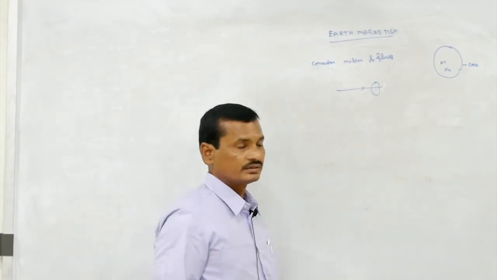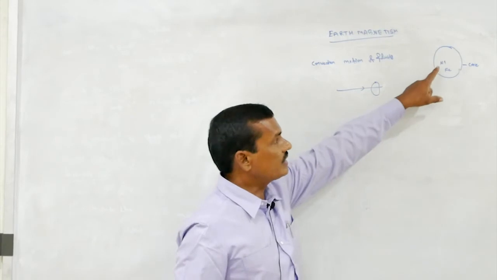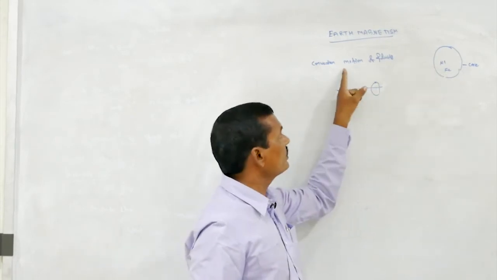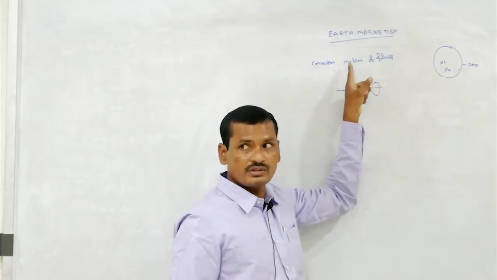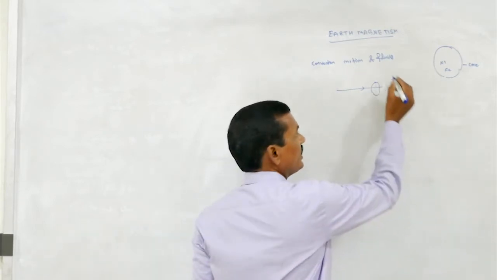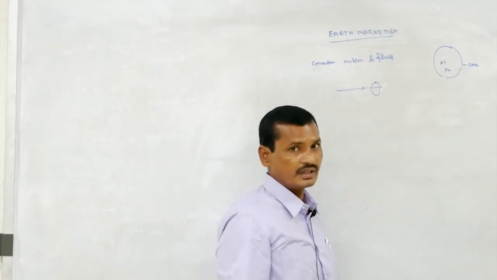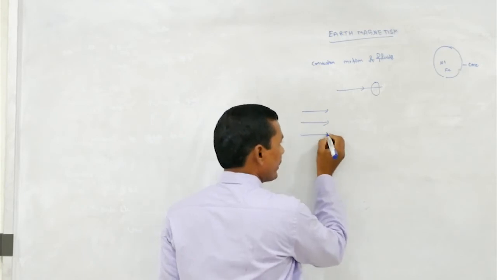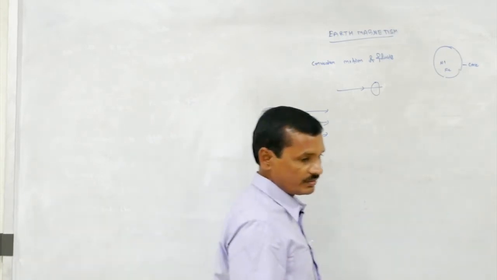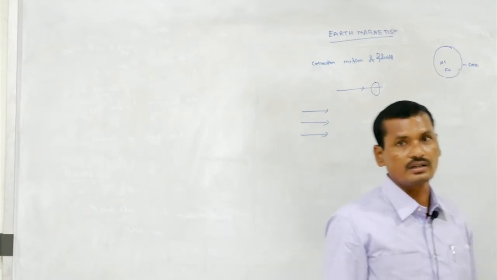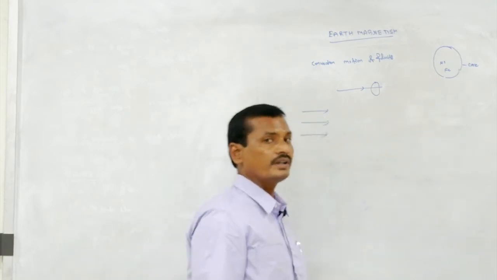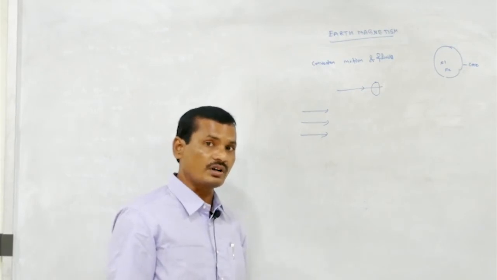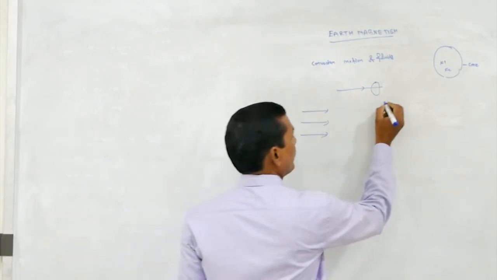On the earth, there are also nickel and iron ions. Because of the convective motion of fluids, the earth has a magnetic property. On the earth, some places have no deflection. If we place a magnetometer on the earth, at some points it does not show any direction. That point is called a null point.